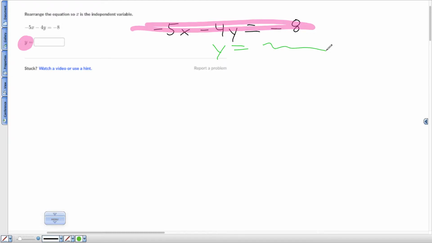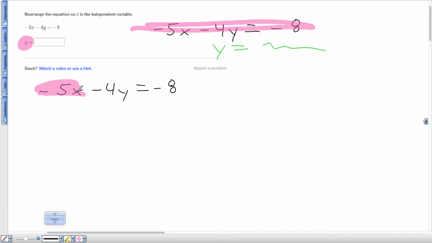We're rewriting it. So let's go ahead and start at the beginning and go step by step. The first thing that you need to understand is that we're trying to get y alone. So since we're trying to get y alone, we need to get rid of this guy first. We're going to get rid of that entire thing.